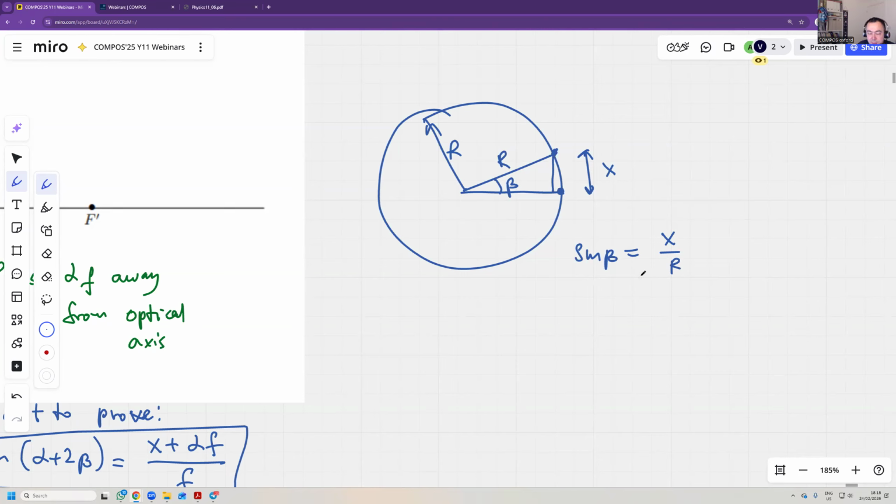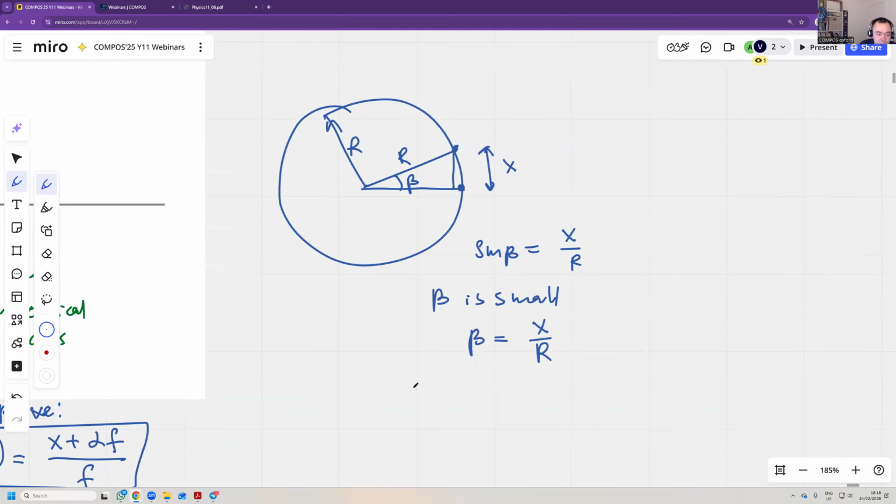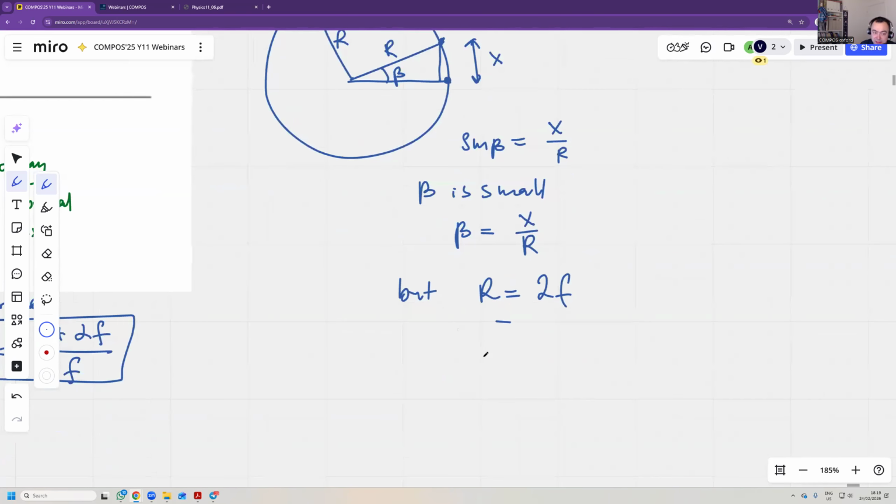So sine beta is x divided by r. But beta is small. So beta is x divided by r. But we also know r is 2f. We know that the radius of a sphere is double the focal length. That has been shown in the assignment. And so beta is x divided by 2f.